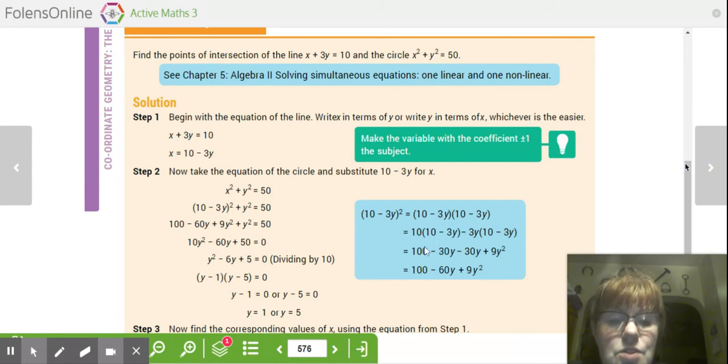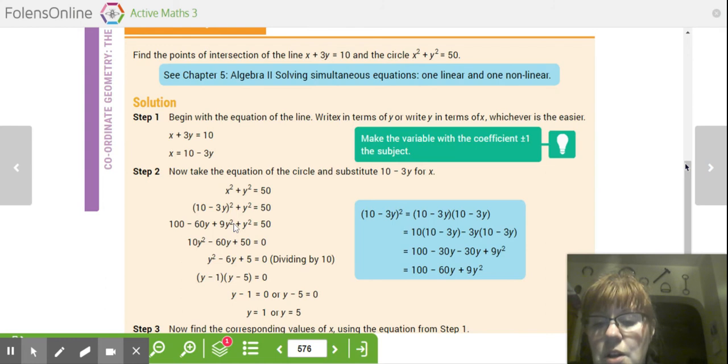10 by 10 is 100, 10 by minus 3y is minus 30y, minus 3y by 10 is minus 30y, minus 3y by minus 3y is plus 9y squared. I can add those two middle terms and I get 100 minus 60y plus 9y squared. And that is where this comes from.